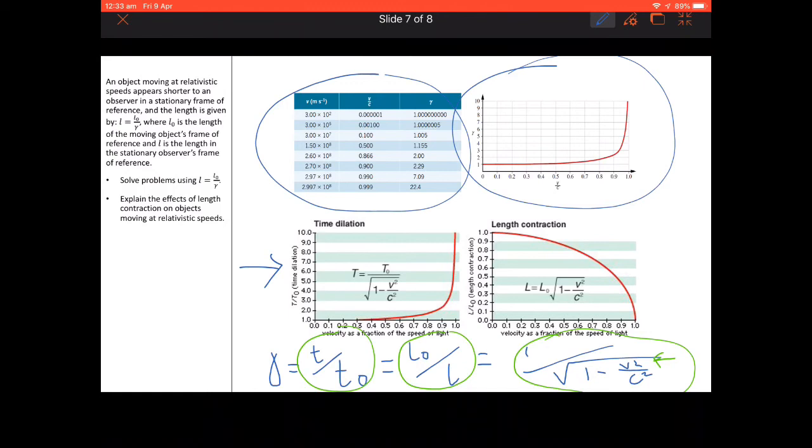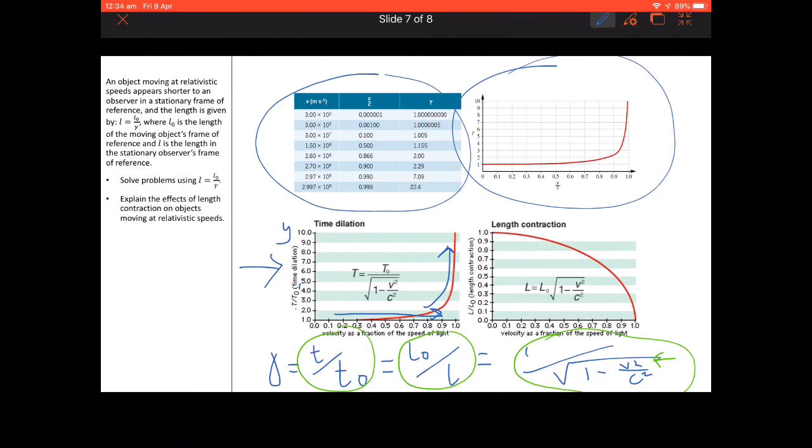What that is essentially saying is as we increase along the x-axis, this line here increases, so the corresponding y value over here, which is the ratio of time in the stationary reference frame to time in the moving reference frame, so t and then t0.